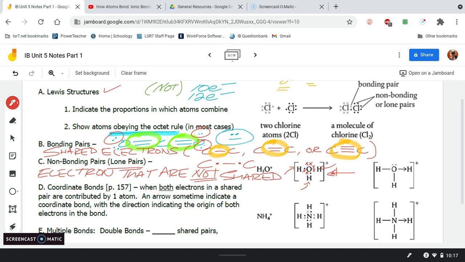And so an example of that is, if you're seeing dots, like I've got these dots right here, this is what we're talking about. These are alone and those are not being shared.